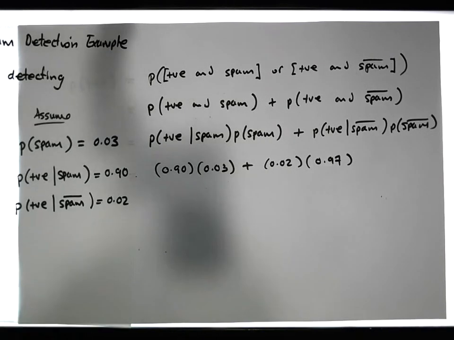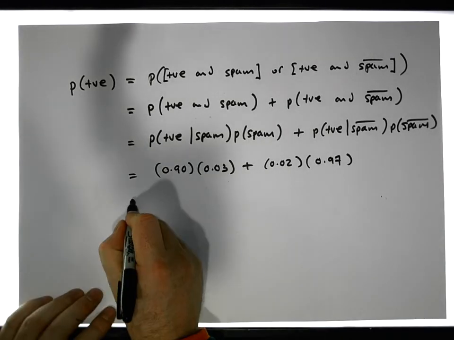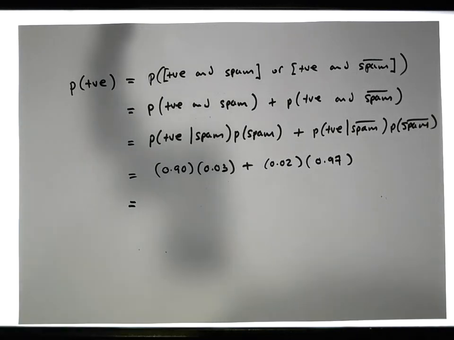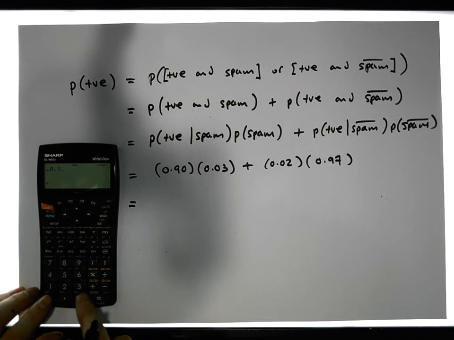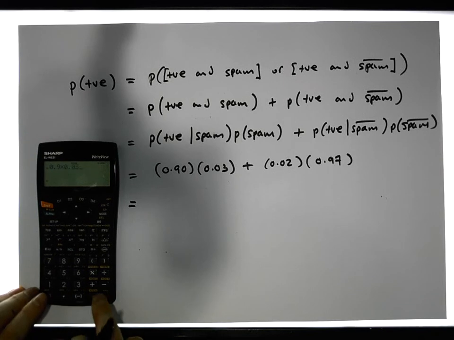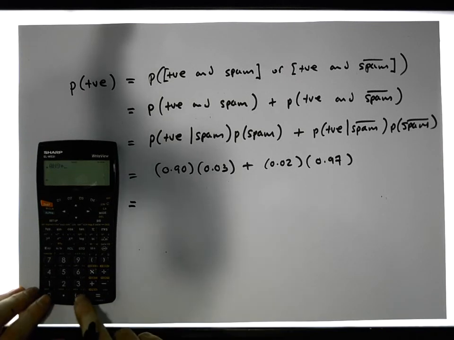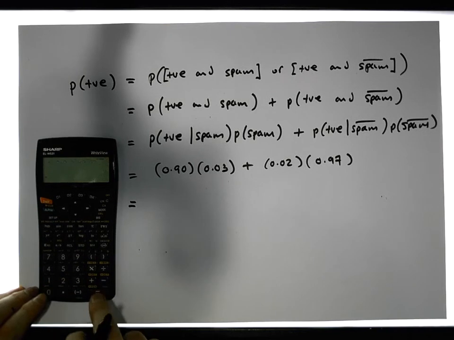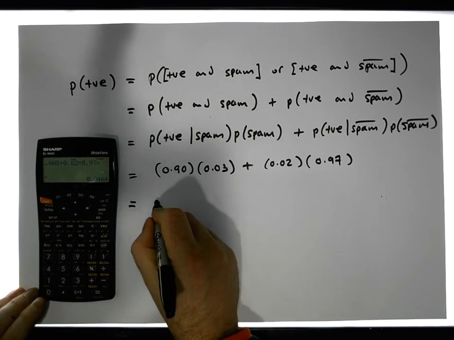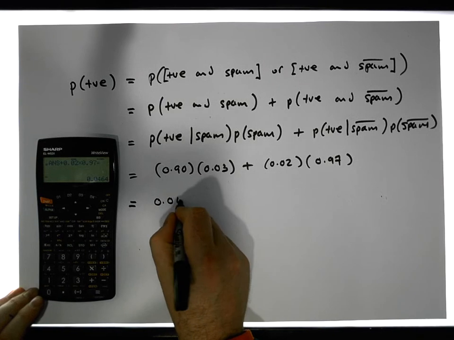Which now tells us the probability of a positive result, and I'm just going to grab my calculator, is 0.9 times 0.03, plus 0.02 times 0.97, which gives us a probability of a positive result of 0.0464.